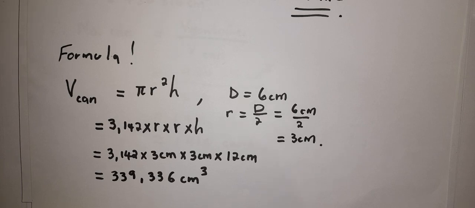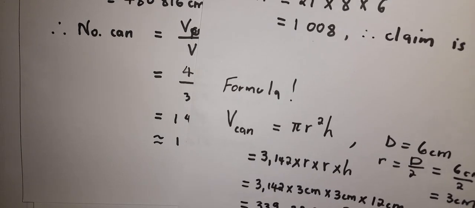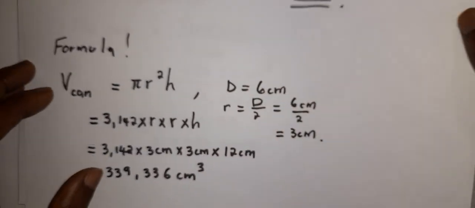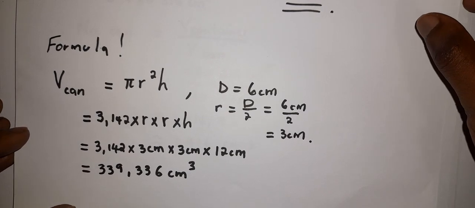So the concept here, whenever you get a decimal number or decimal fraction, always round down. We are not rounding up. You can only round up when you are building with building materials.